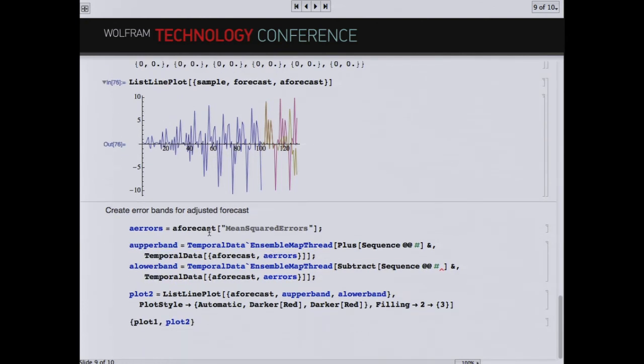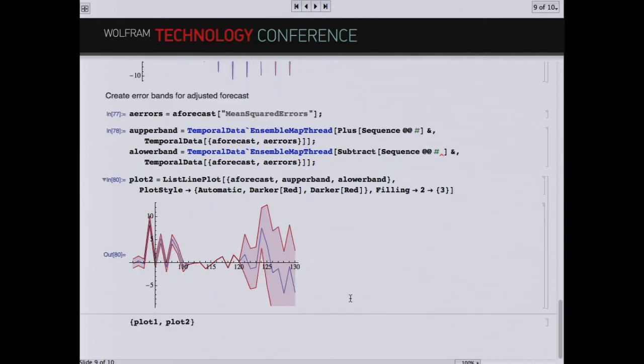And in the same way, because the adjusted forecast is again temporal data, I can create the error bands on this. And then you can see that this is the part of the old forecast. Then there is new data coming in, so there are no errors because that's exactly what happened. And then we have the adjusted forecast for this.